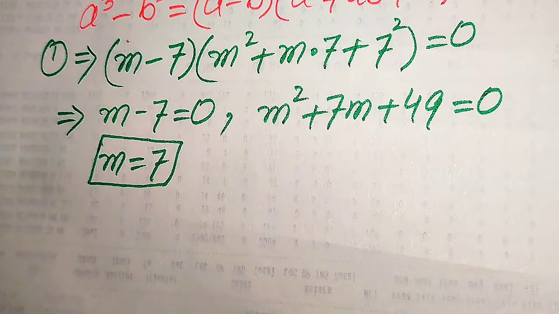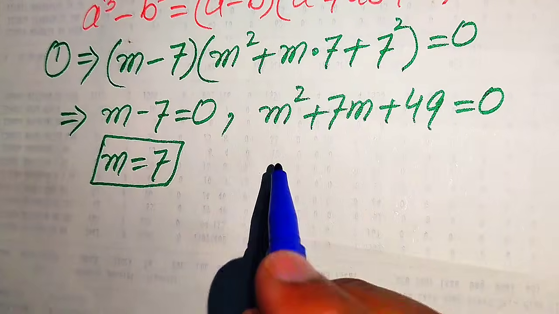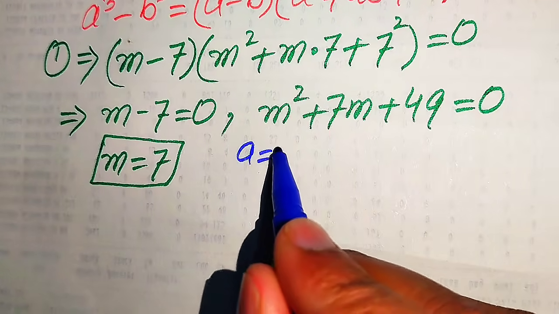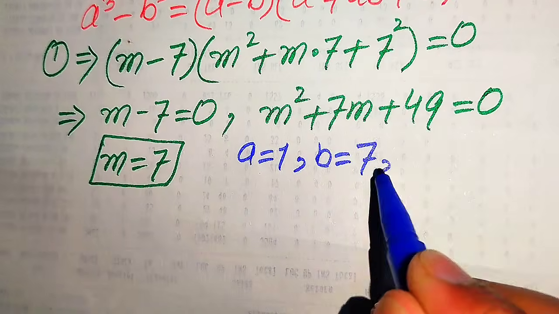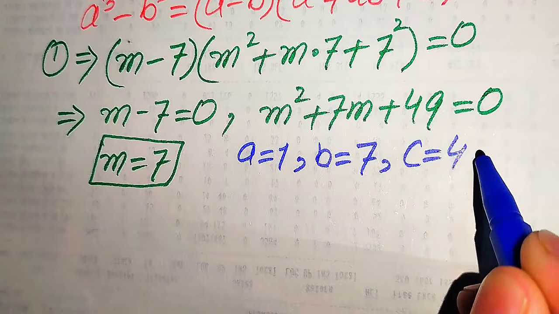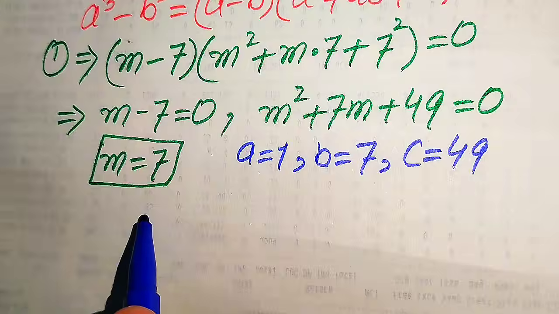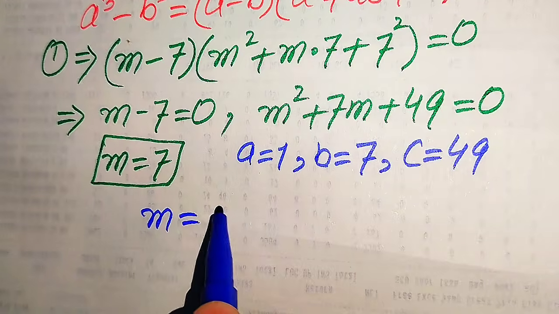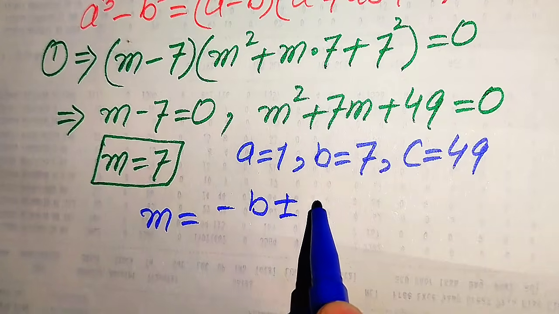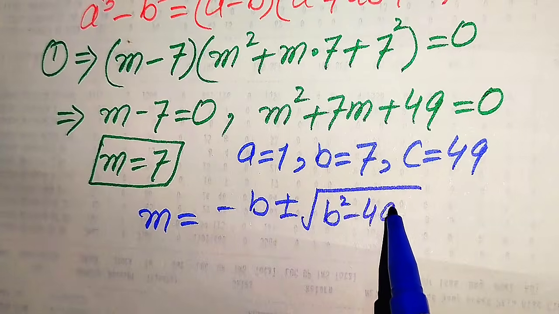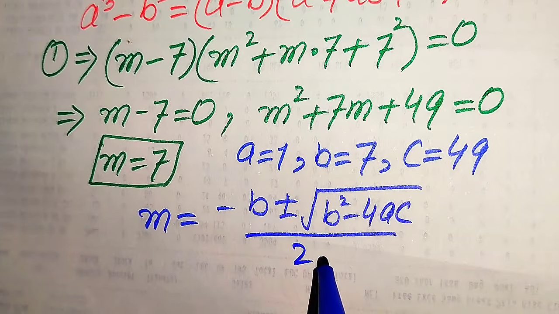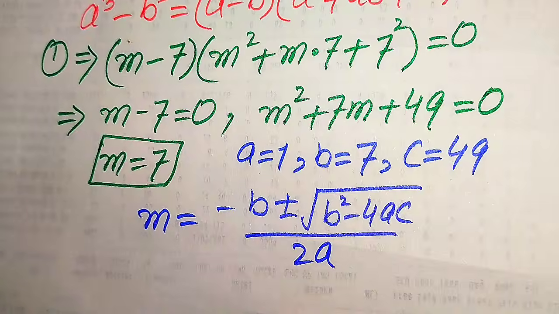For this we use the quadratic formula. First we write the coefficients of this equation: a equals 1, b equals 7 and c equals 49, and we state the quadratic formula as m equals minus b plus or minus square root of b square minus 4 times ac, divided by 2 times a.